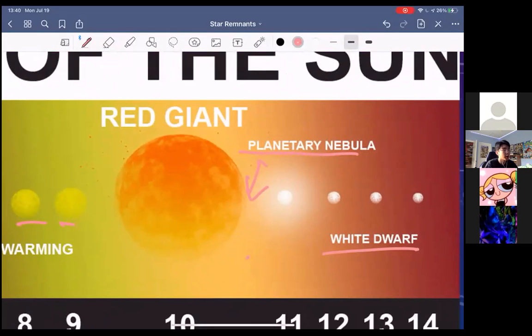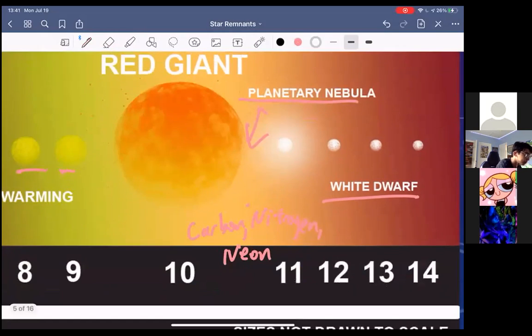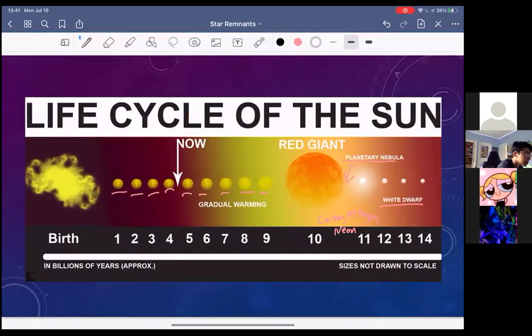So we know that our white dwarf is made out of these heavier elements, made out of carbon, nitrogen, neon. These are our heavier elements that form this. So let's learn a bit more about a white dwarf.